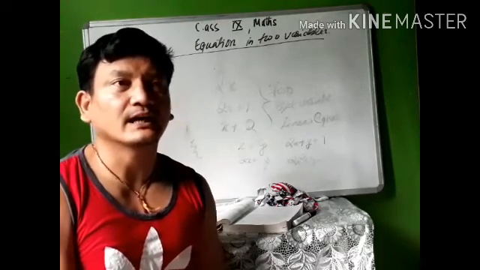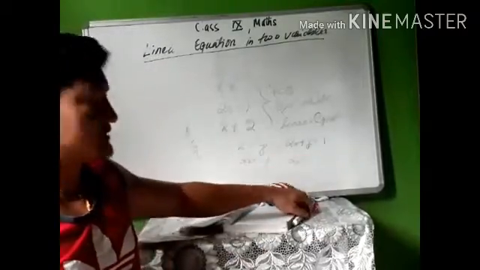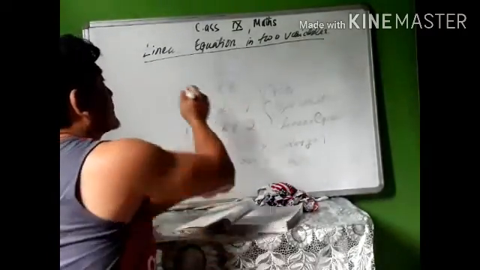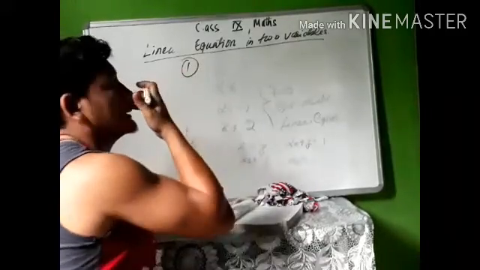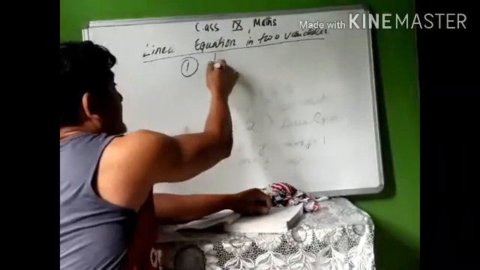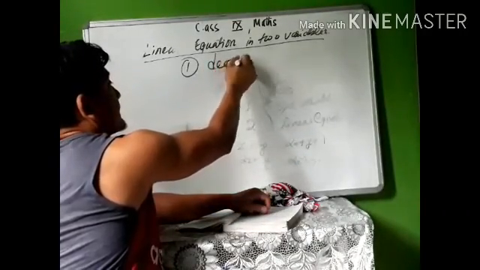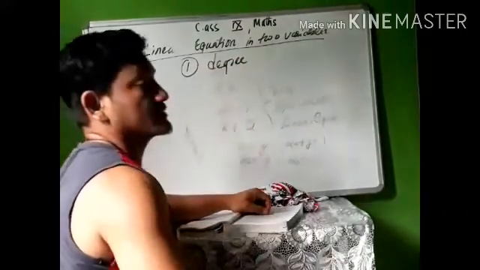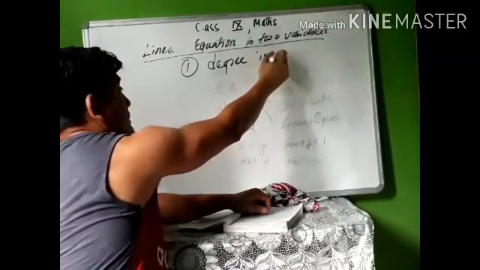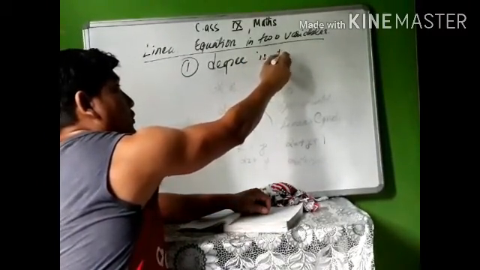The first thing is the condition. I'll write it on the board. To be a linear equation, the degree of the equation must be 1.